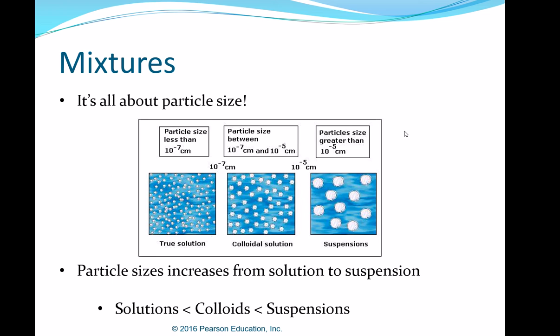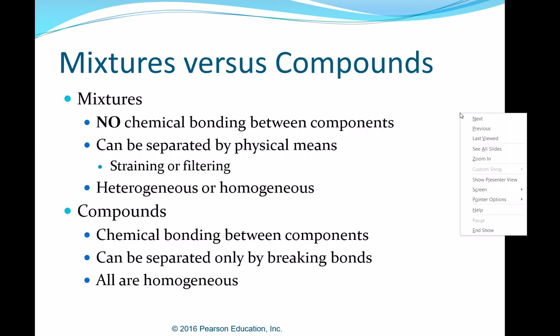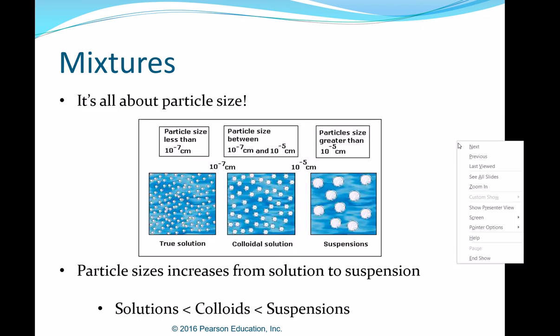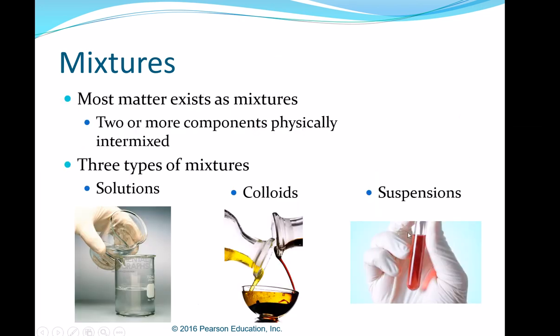And then in suspensions, we have even larger particles. I always think of, in the body, we're talking about blood. Blood is definitely a suspension. If we go back, I think, in that slide. Whoop, wrong way. Yeah, there you go.